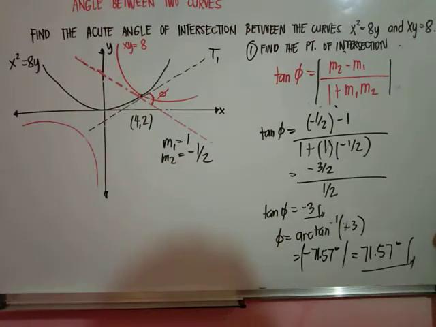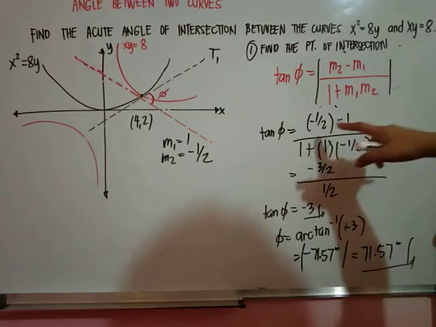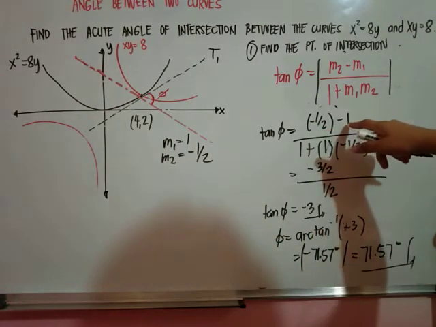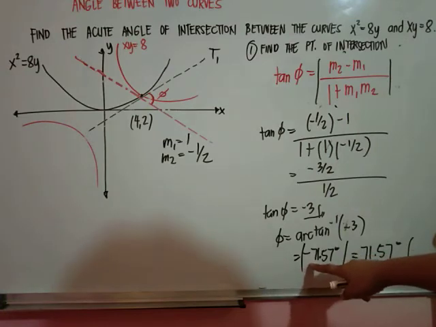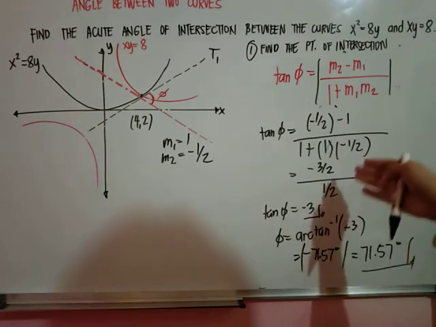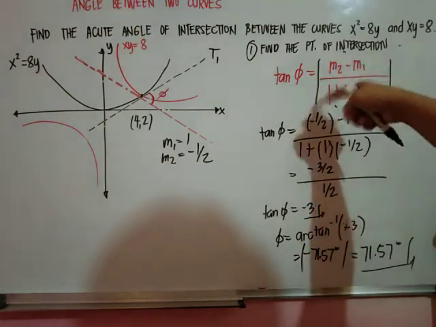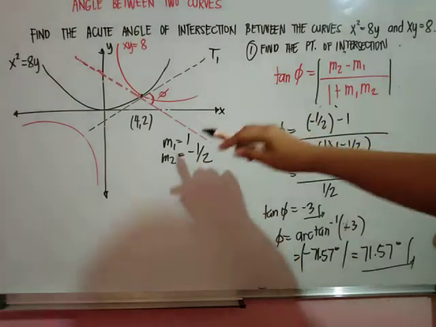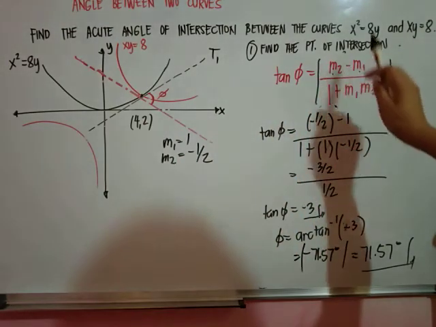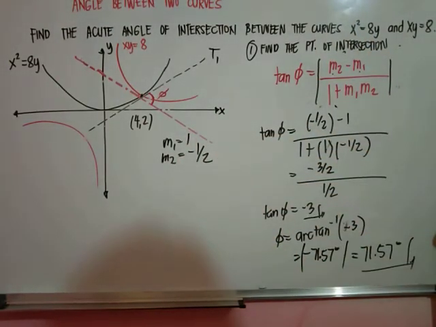So, parang nauna lang yung mas mababa or mas malaki, kaya nagkaroon ng negative sign dito. Pero, neglect na yung sign dito pagdating sa dulo kasi may absolute value function tayo. Pero, pag substitute nyo nung mga slope, i-consider pa rin yung sign. Doon lang sa final answer tayo kukuha ng absolute value. So, yun lang yung sa acute angle or angle between two curves.